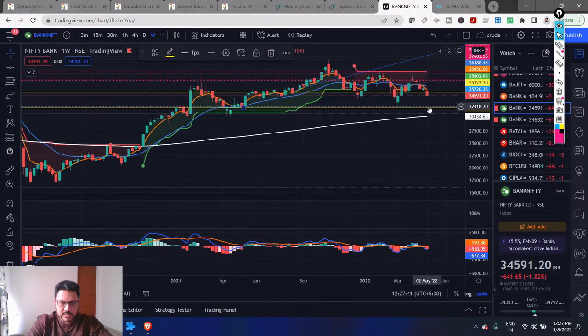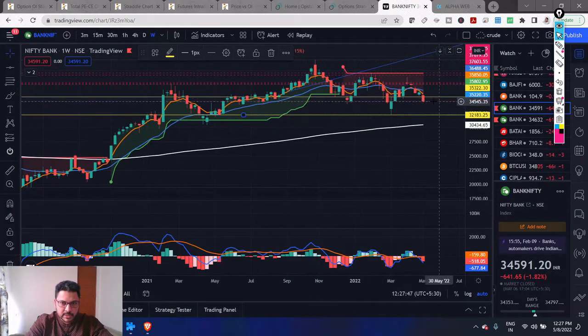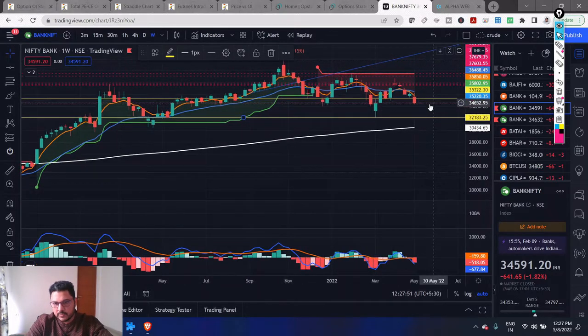But yes, there is some bit of room for it to fall into this and then consolidate and then move up. So it might be very volatile in this zone because it will consolidate.